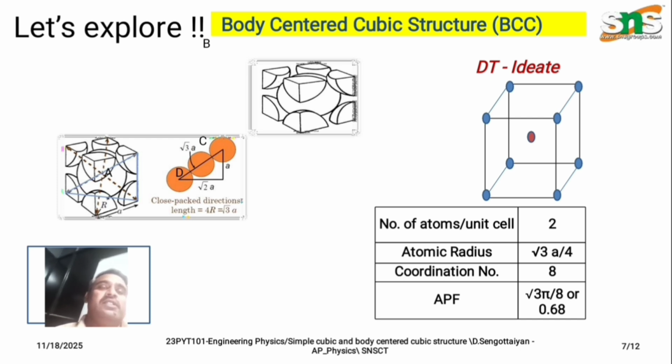In the cubic system we have three possible types: simple cubic, BCC and FCC. For these types we find the number of atoms per unit cell, the coordination number, the atomic radius, and finally the atomic packing factor of simple cubic, BCC and FCC.